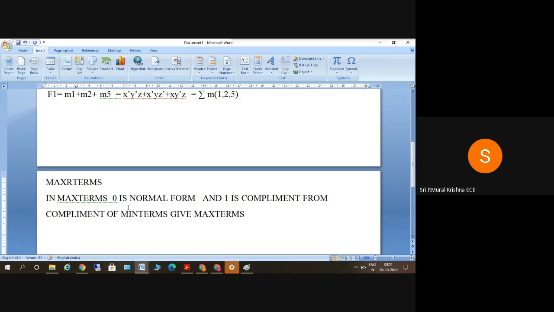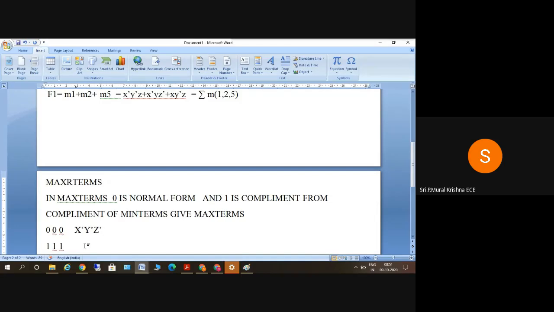For example, if I take the input combination 0, 0, 0, in Minterms I can write X bar, Y bar, Z bar. If I want to take the complement of this, first obtain the duality: 1 1 1.